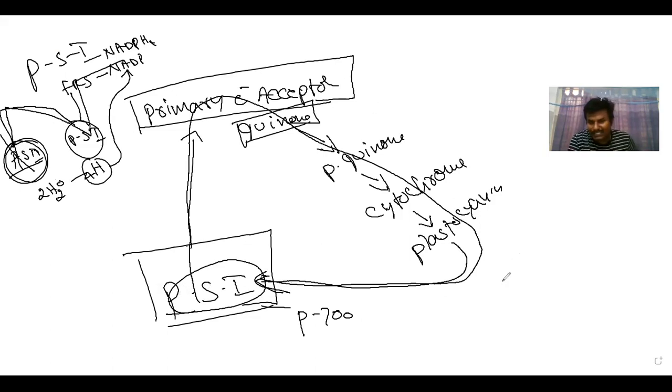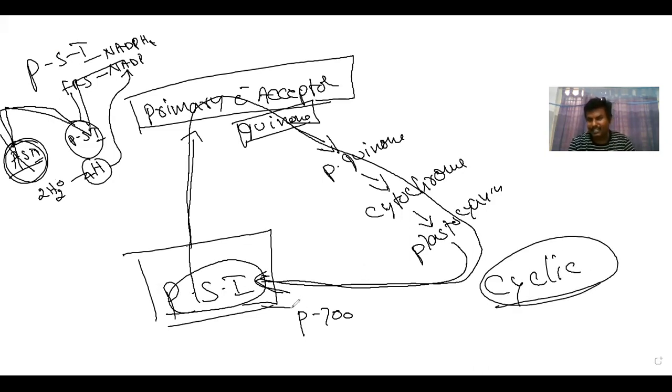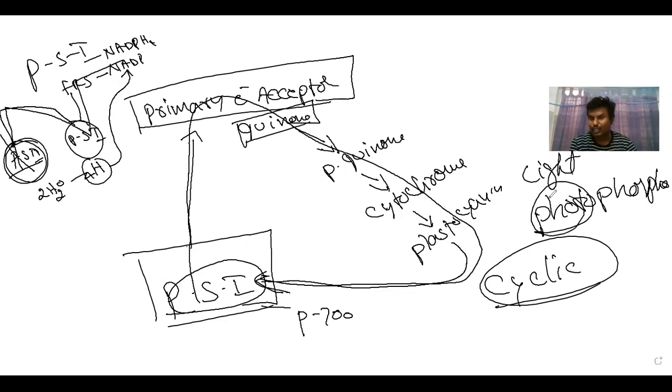That's why this process is called cyclic phosphorylation. It is also called photophosphorylation because it occurs in the presence of light.